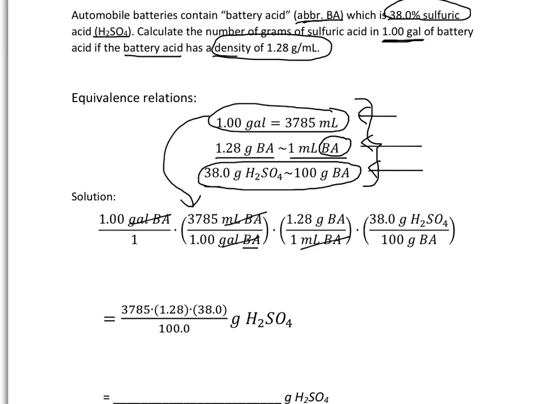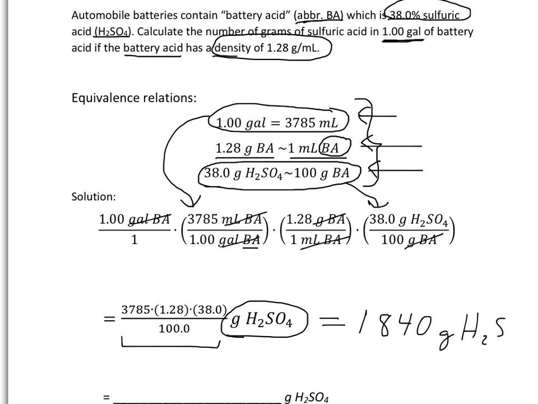It allows me to convert grams of battery acid into grams of H2SO4. So in the end, what's left for units is this, and then combining all the other factors gives me the number in front. And the result is 1,840 grams of sulfuric acid, to 3 significant figures.